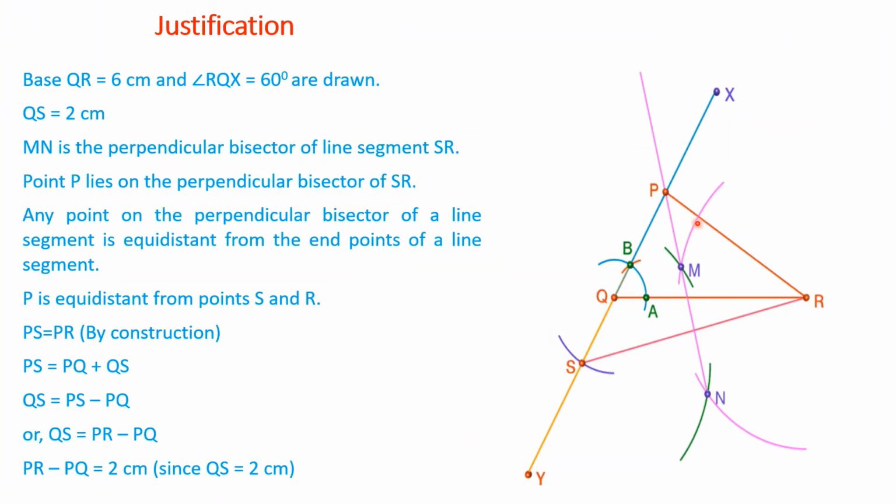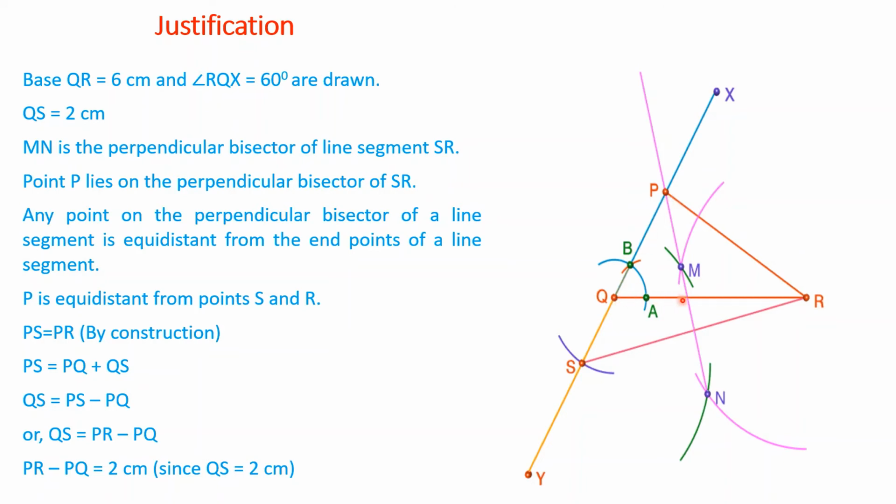Now we have to justify the construction, that PQR is a triangle where QR is the base, 6 cm, angle Q is 60 degrees and the difference of the other two sides is 2 cm. Clearly here PR is greater, so PR minus PQ is 2 cm.